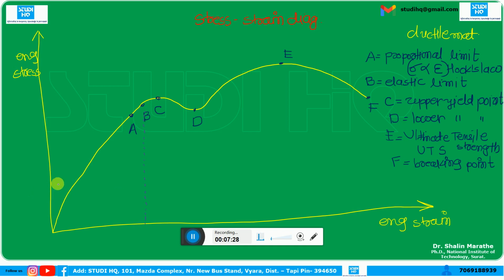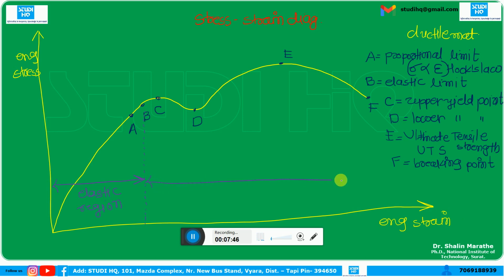So first region, this region till point B, that is known as elastic region, because the material is loaded within the elastic limit.